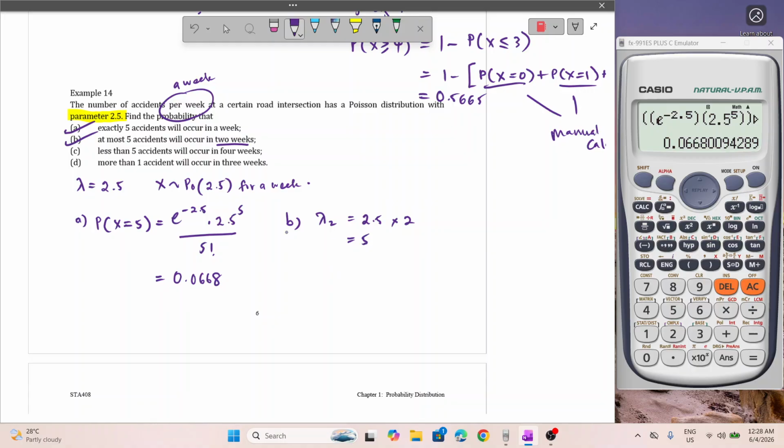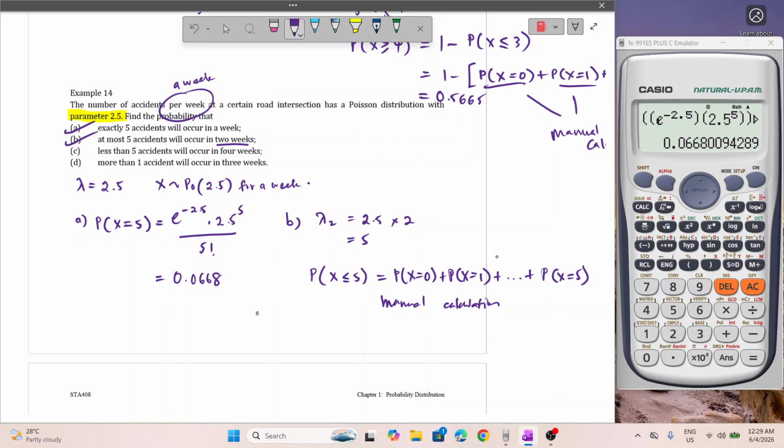Okay, and we want to find at most, so the probability we want to find is the probability of X less than or equal to 5. You can calculate it manually, but it requires calculating the probability of X equal to 0 plus the probability of X equal to 1, until the probability of X equal to 5. This is manual calculation, and you need to find everything.